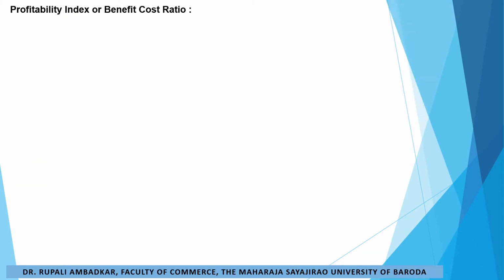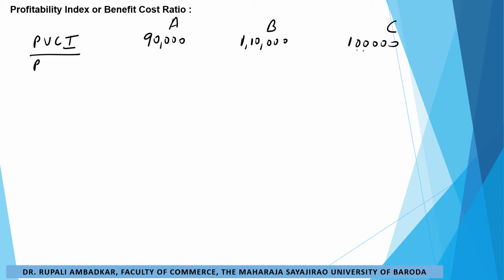Let us look at some concepts. Let us assume we have three projects under consideration: project A, project B and project C. We have been given present value of cash inflows for the projects: rupees 90,000, 1 lakh 10,000 and 1 lakh. The present value of cash outflow for each project is 1 lakh.